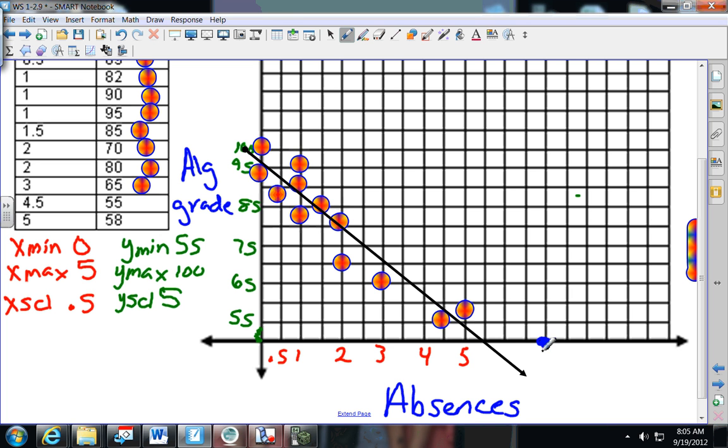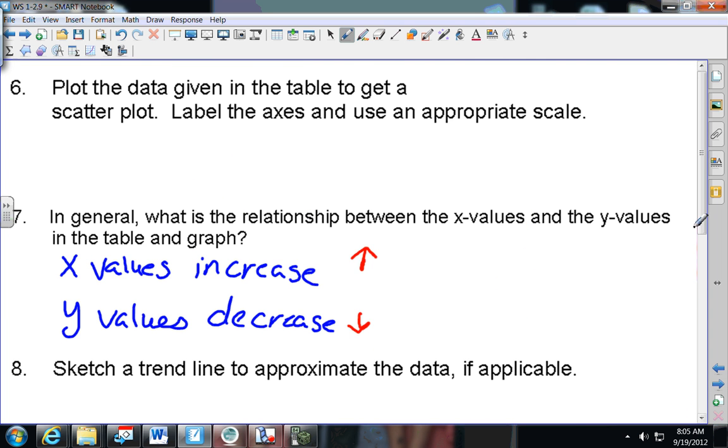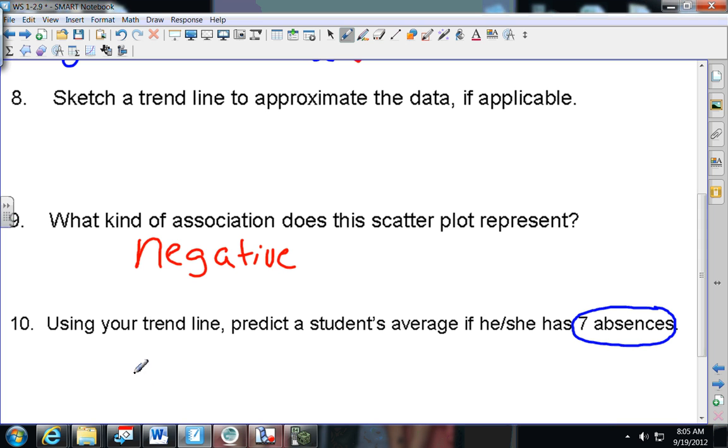Well, if I go down, let's make an estimate, because when I go down in my trend line, it's down here. Let's see. This would be 50, 45. What does it look like it about goes down to? About 40. So if you had 7 absences, you'd probably make about a 40.